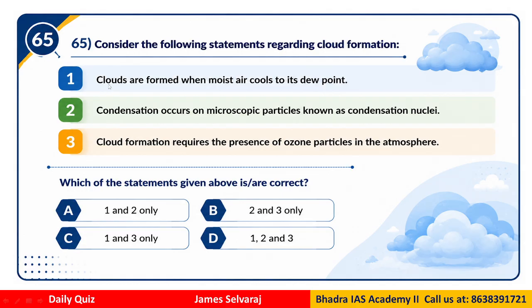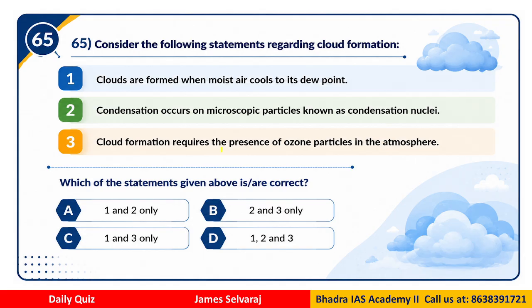Question number 65. Consider the following statements regarding cloud formation. Related to geography. Clouds are formed when moist air cools to its dew point. Condensation occurs on the microscopic particles known as condensation nuclei.